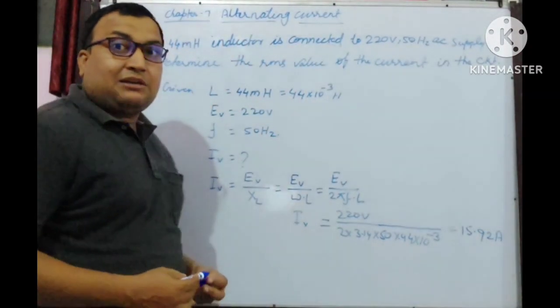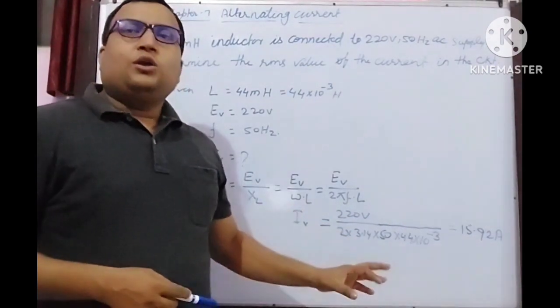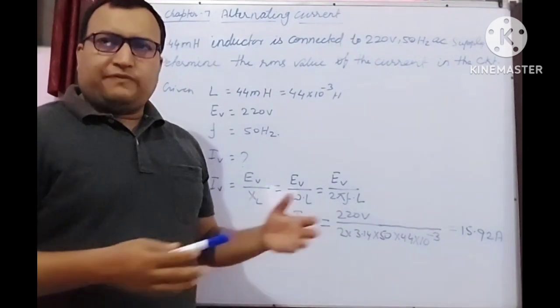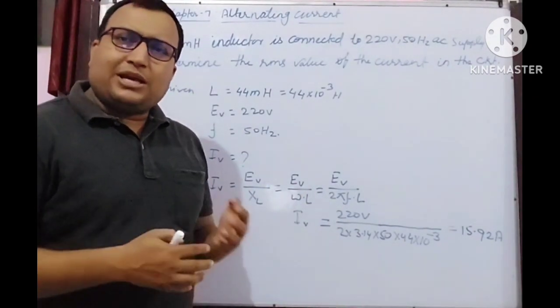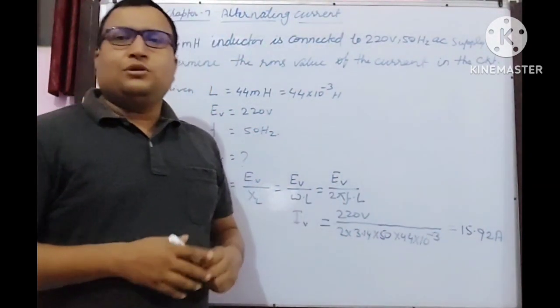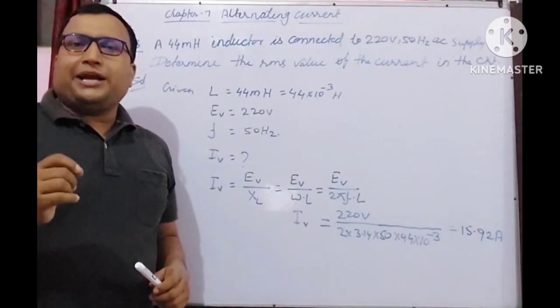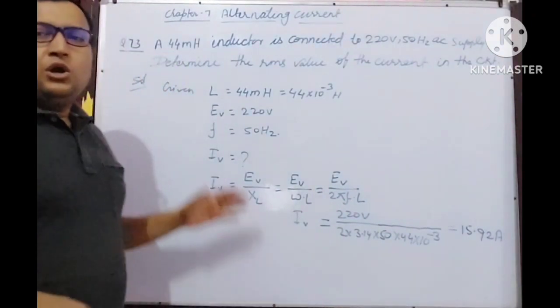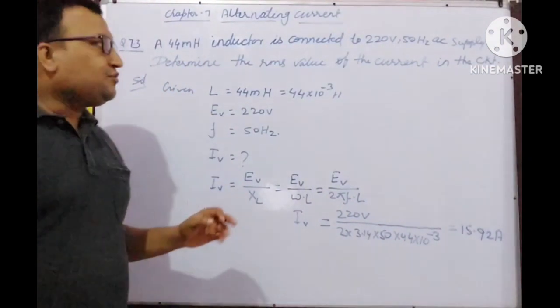You may ask, sir, how did you get this result directly? I solved this first, with all the calculation, but because the video length would increase, I am directly writing the value. That is 15.92 ampere. Understand everyone?